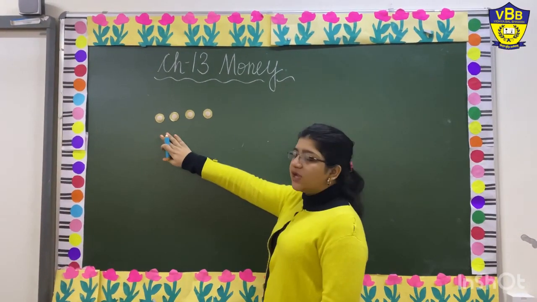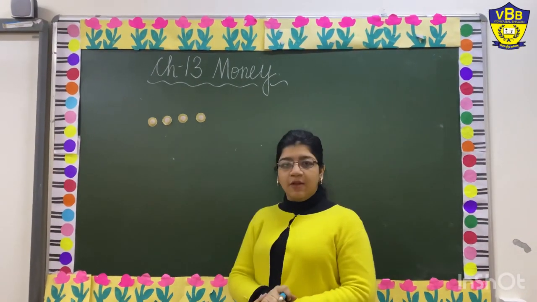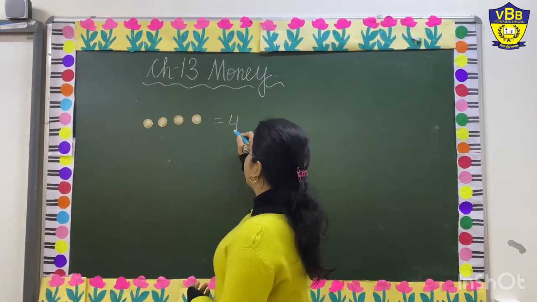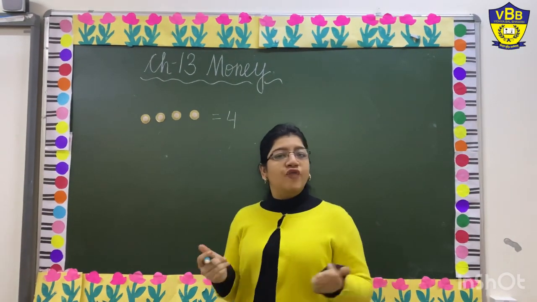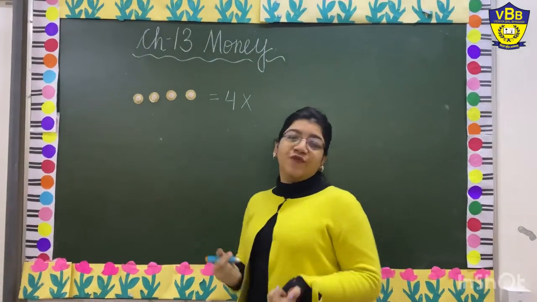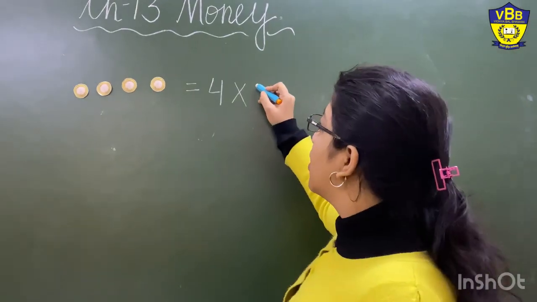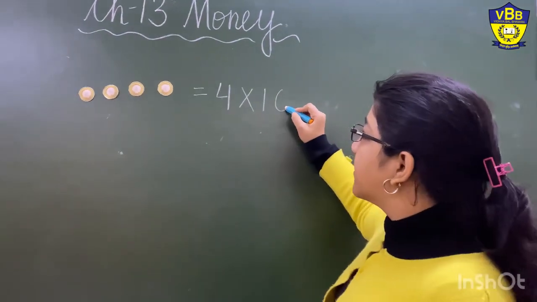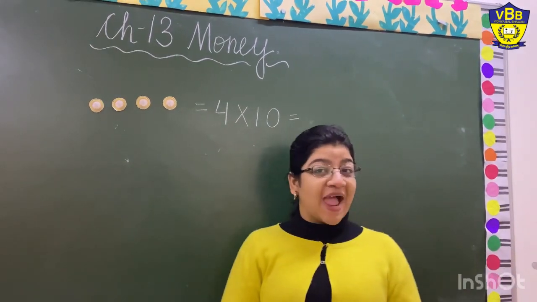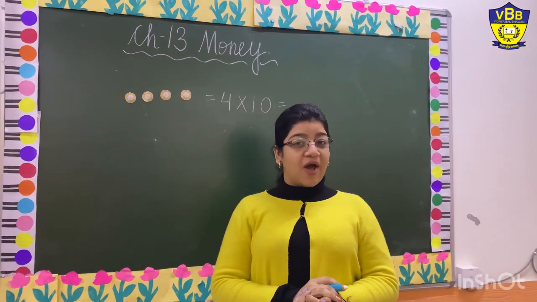First of all look here. How many coins are there? Yes, there are 4 coins. 4 coins of what? Yes, 4 coins of 10 rupees. So 4 times 10 is, think fast.